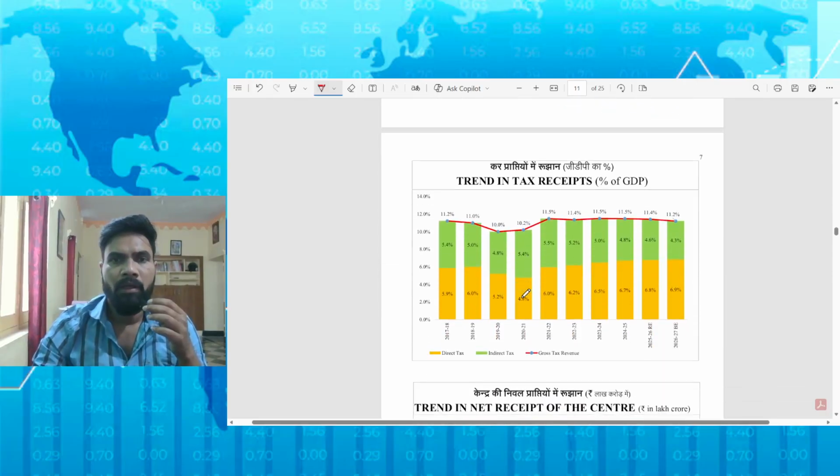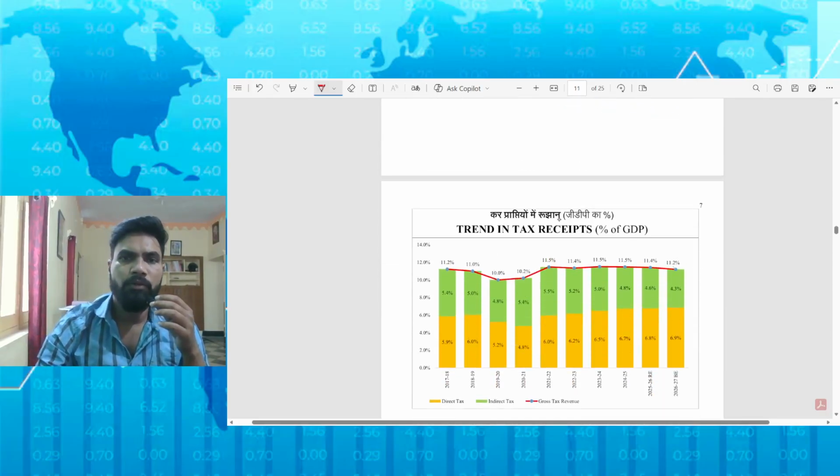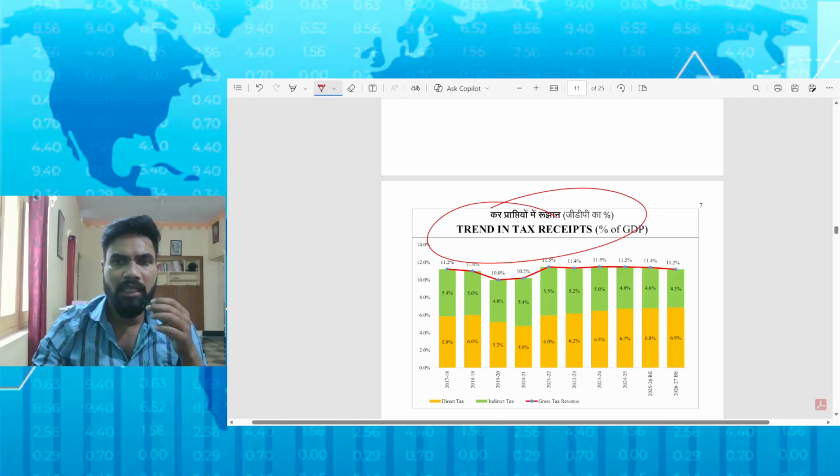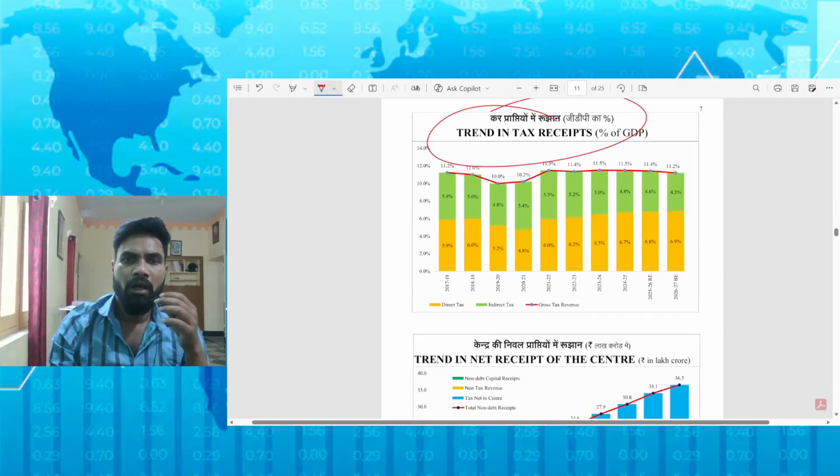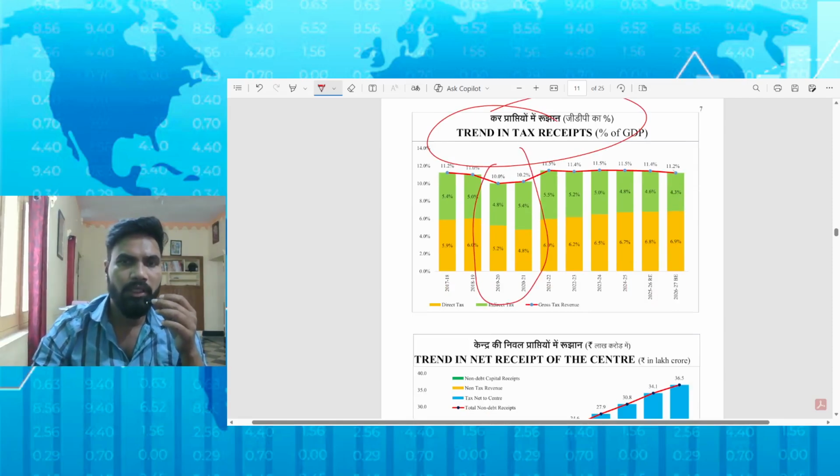Then, if you see the trend in tax receipts as a percentage of GDP, definitely there is a decline in COVID years 19 and 20 and 2021. The gross tax as a percent of GDP touched the lowest point of 10%.